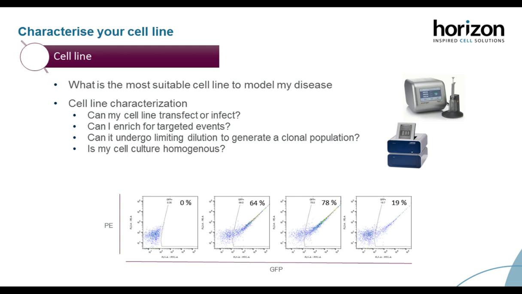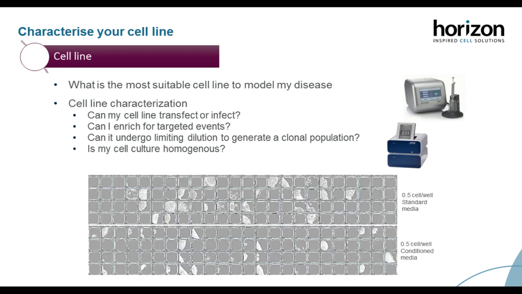The image on the bottom is an example of the recovery that I obtained when I seeded cells. This is a suspension cell line at 0.5 cells per well in standard media, just the typical growth media that they use, as well as conditioned media, which is 50% media that the cells have been in for 24 hours and 50% their standard media.